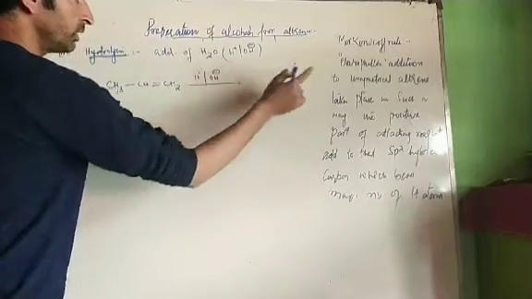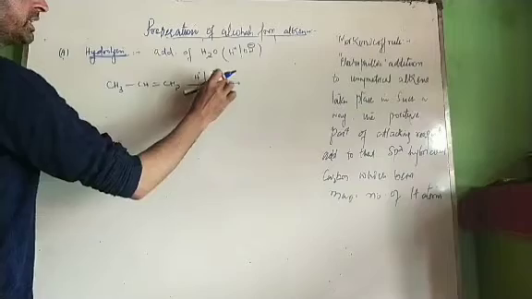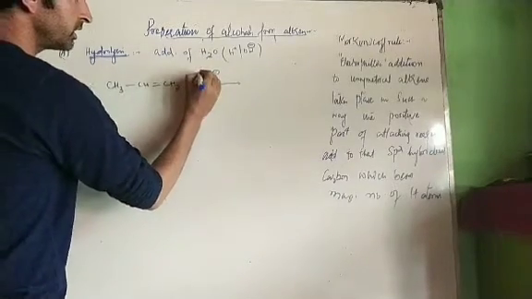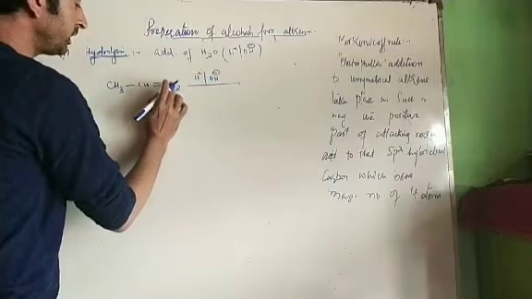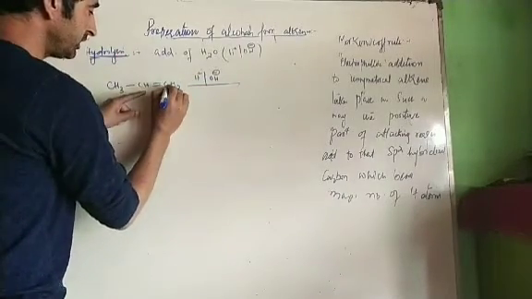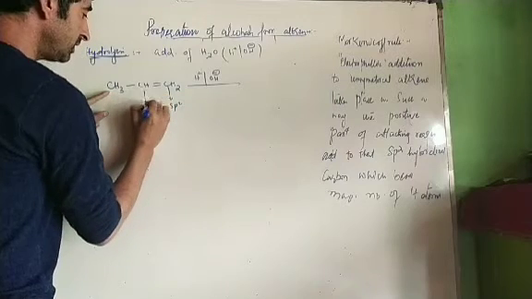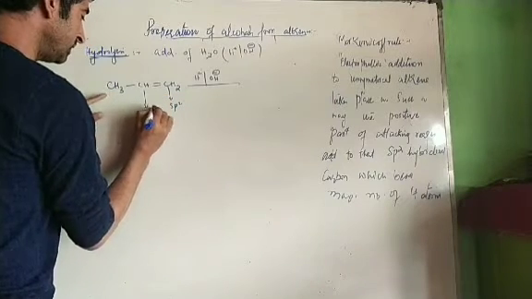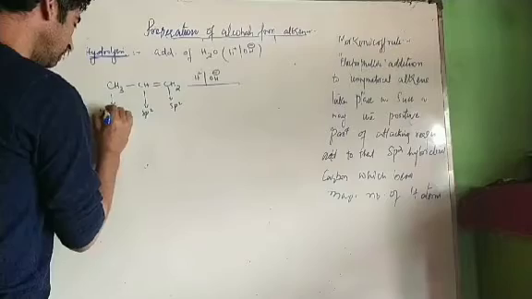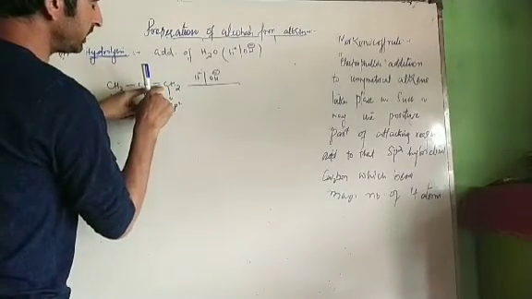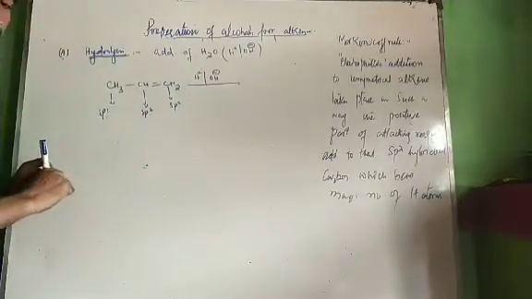According to Markovnikov's rule, the positive part of the attacking reagent, H plus, adds to that sp2 hybridized carbon which bears the maximum number of hydrogen atoms. These carbons are sp2 and this is sp3. How is it sp2? Because there are only three sigma bonds, that's why sp2.